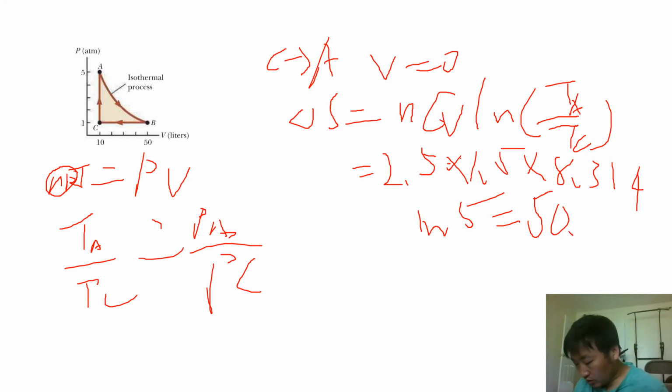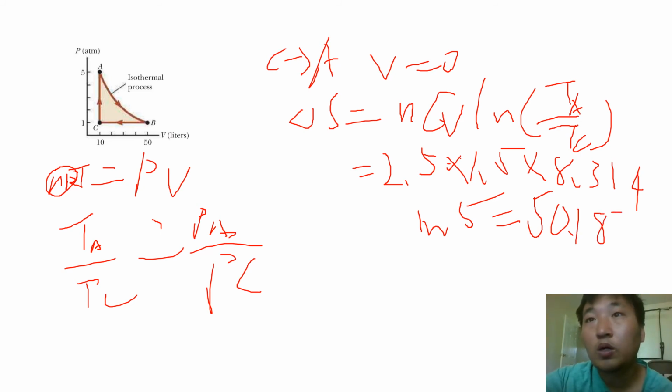So 2.5 times 1.5 times 8.314 times log 5 equal to 50.18 joule per Kelvin.